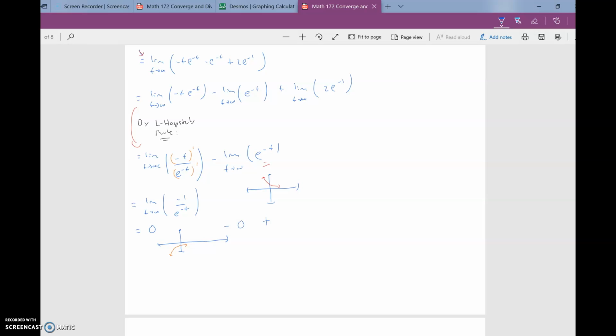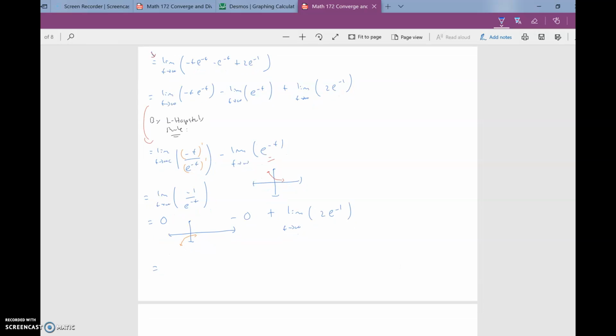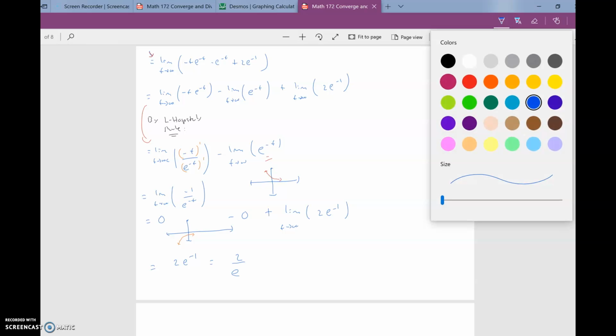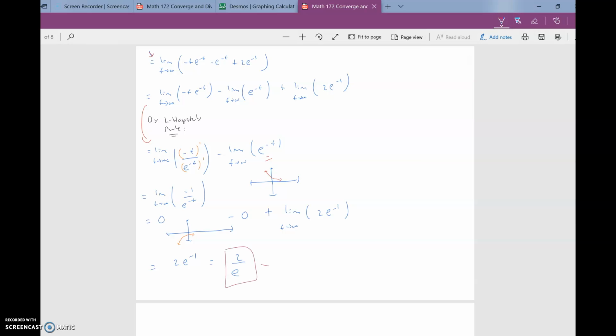And then the only portion that we're left is basically the limit as t approaches infinity of 2e to the negative 1. So this whole problem, we end up with 2e to the negative 1 or 2 over e as our final answer.